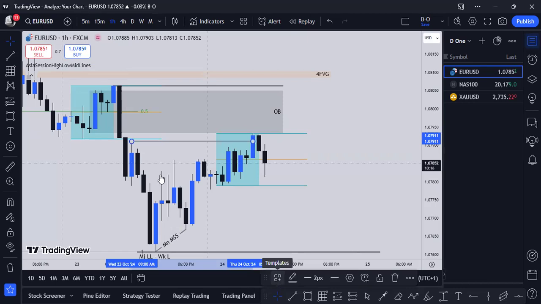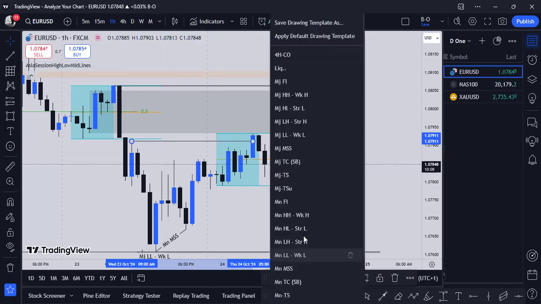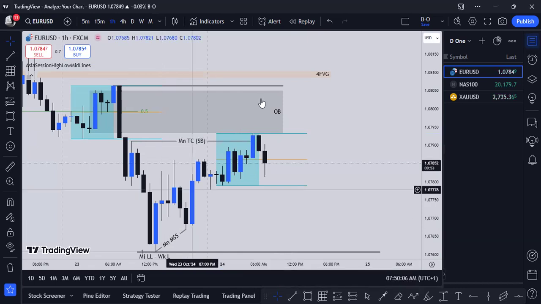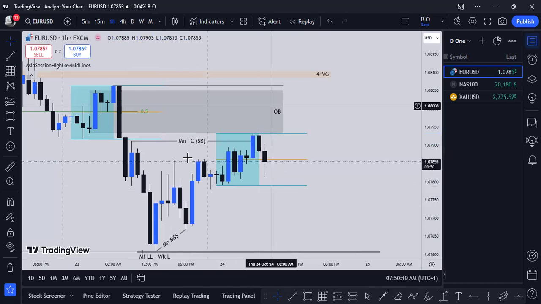But in this case, as we can see from this angle, we have a minor trend change. So what can we expect? We can expect the market from this angle to go higher.